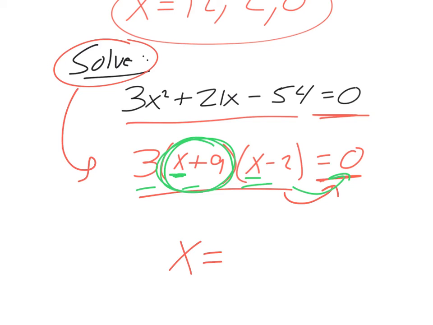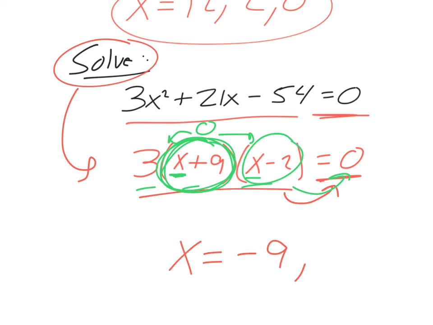Well, what value of x could I plug in here that will make this binomial equal to 0? Well, the answer ends up being negative 9, right? Because negative 9 plus 9 would give me 0 for that binomial. And then when I times it by 3, it's still 0. And I times it by whatever this is, it'll still be 0. And so that will equal 0. So negative 9 is one of the answers, okay?